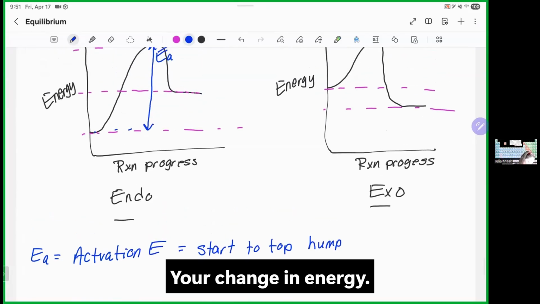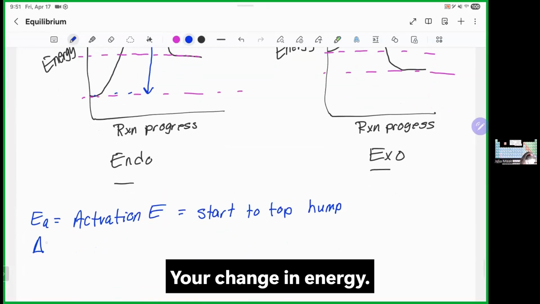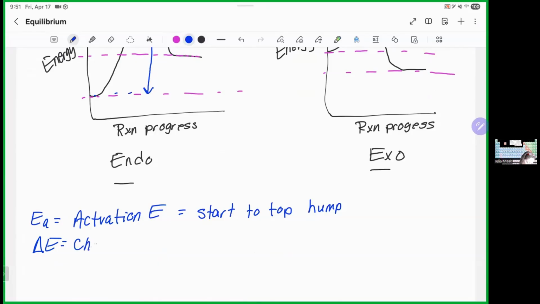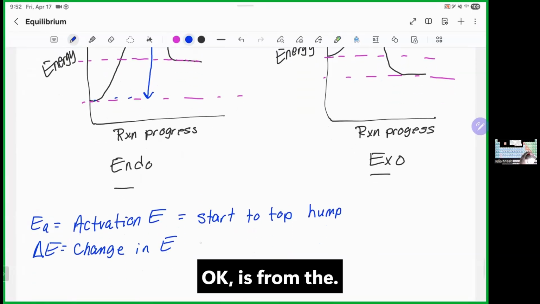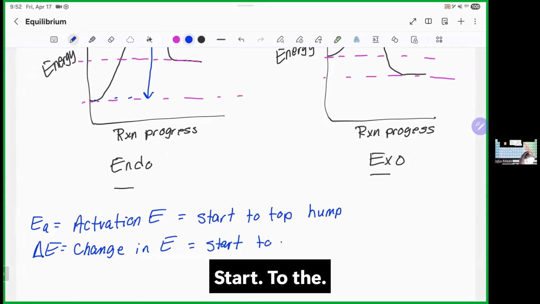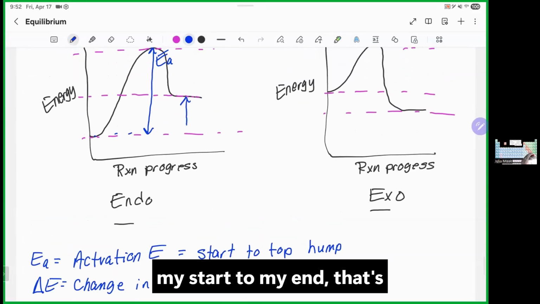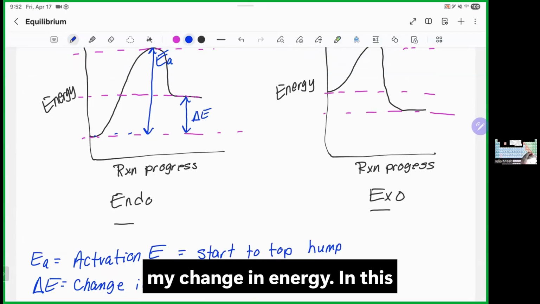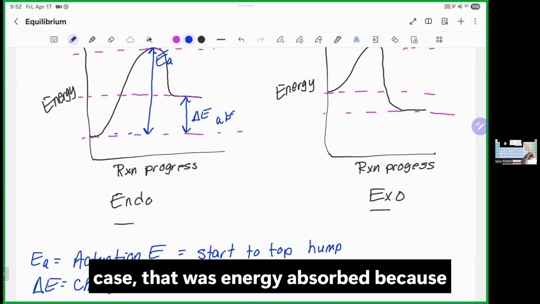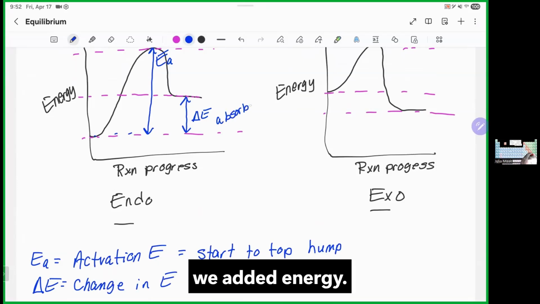Okay. Your change in energy is from the start to the end. Okay, so from my start to my end, that's my change in energy. In this case, that was energy absorbed because we added energy.